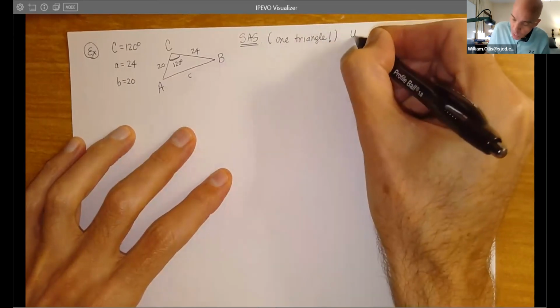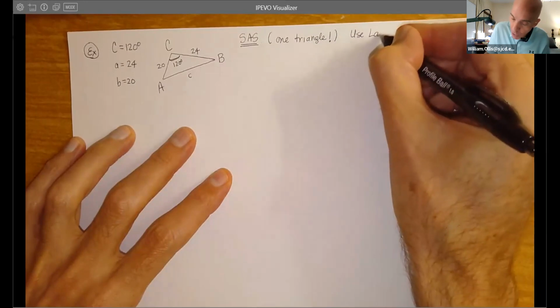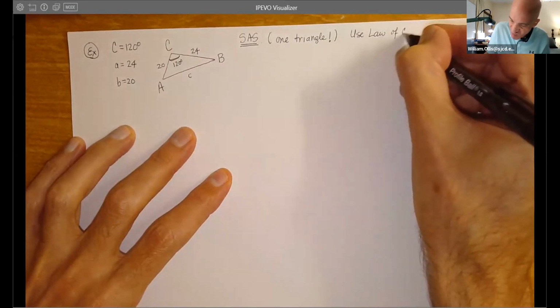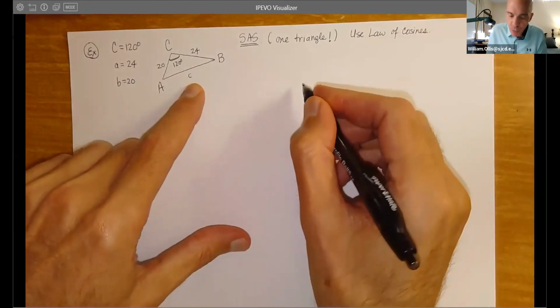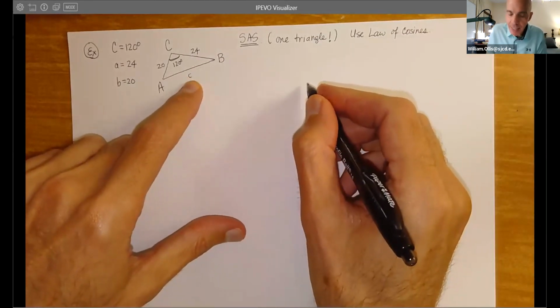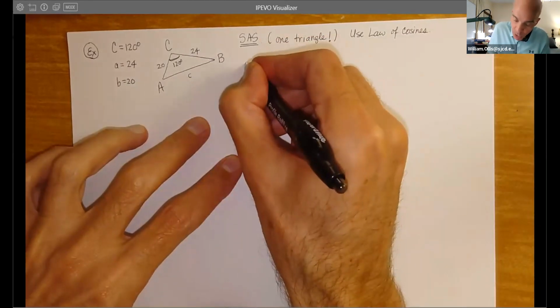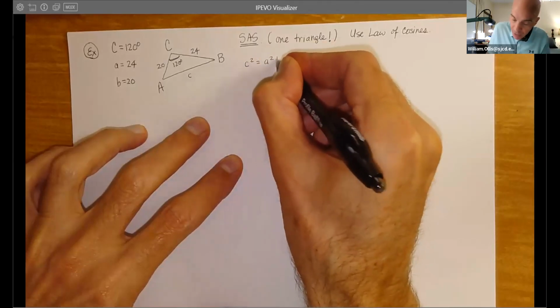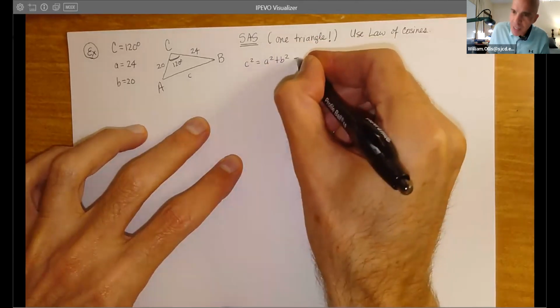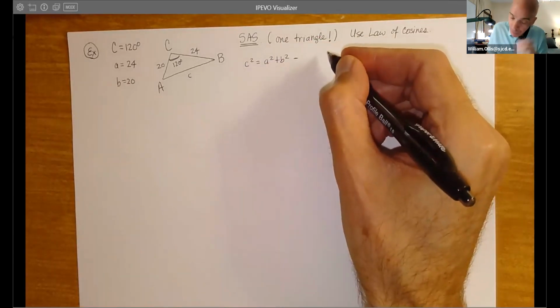And so we want to use law of cosines. So now when we look at this, we're thinking, okay, well, we've got the C here. So we know C squared equals A squared plus B squared. I'll just write this out since it's a little bit more complicated.